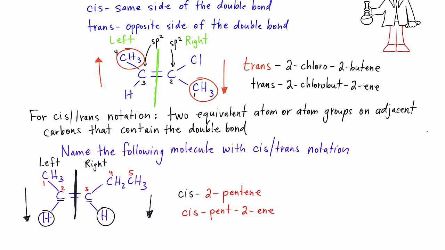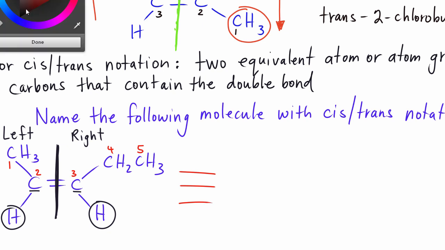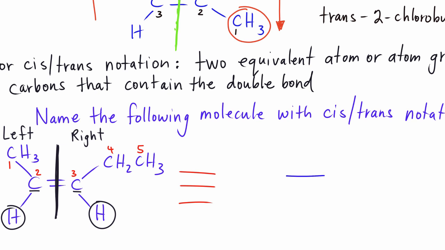Okay, so if I erase this for now and I want to represent this entire thing as a line angle structure, what you want to do is make your double bond, and this would be the CH3 coming off. Here I would have a hydrogen, and that would be a CH2. This would be a CH3, and this would be a hydrogen.